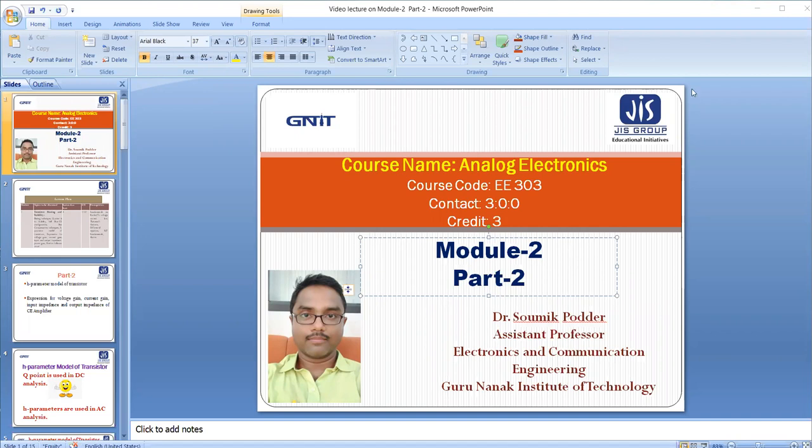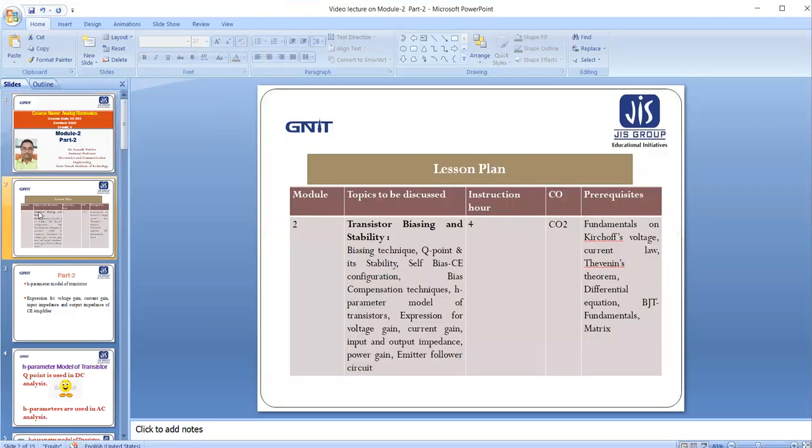Today we will discuss module 2 and its part 2. Before going to the detailed discussion of part 2 of module 2, let us introduce the lesson plan of this module.